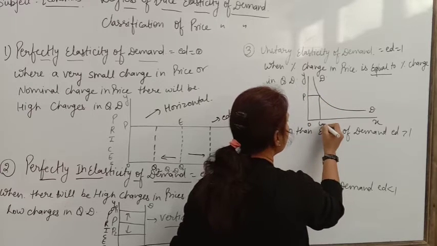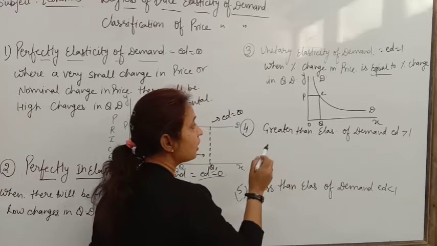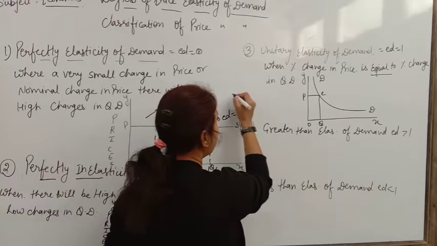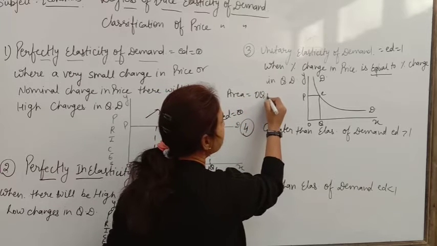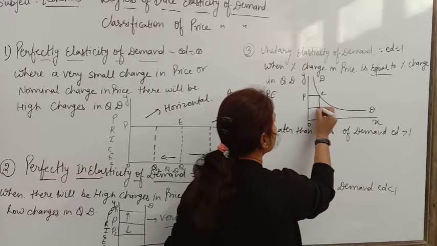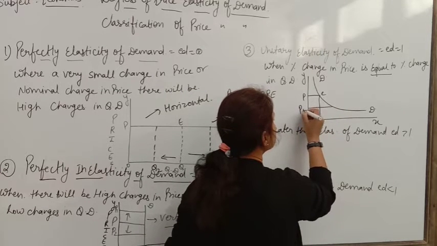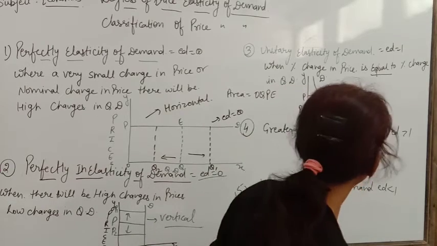Clear? OP, OQ, E. The area of the rectangle will be O, Q, P, E. If the price decreases, suppose from OP to OP1, then what will the new area be?